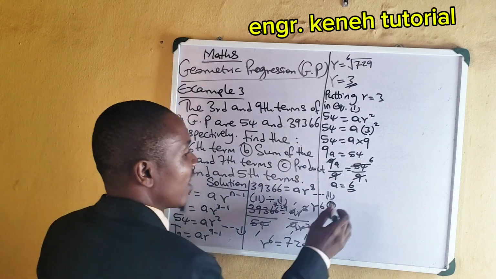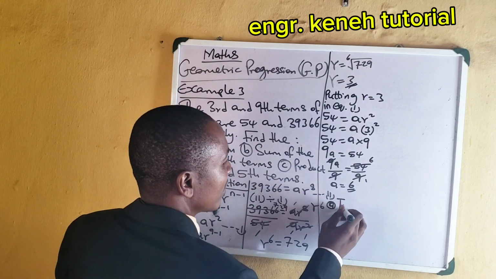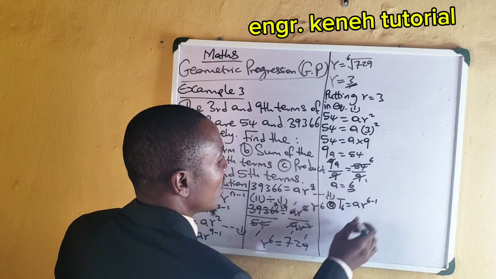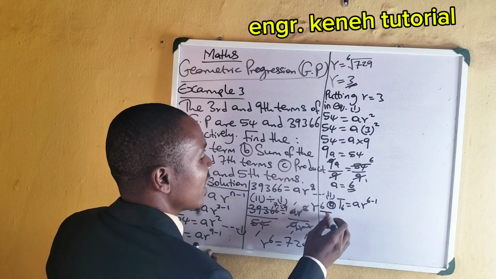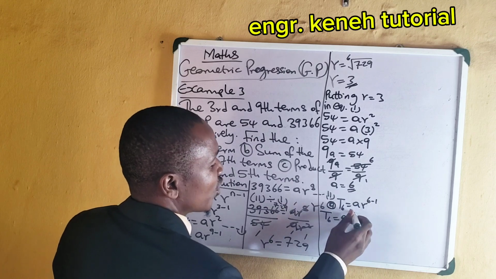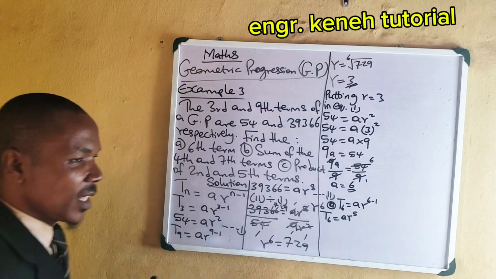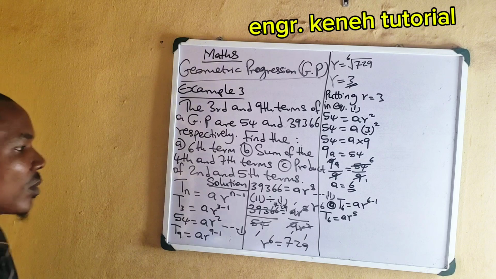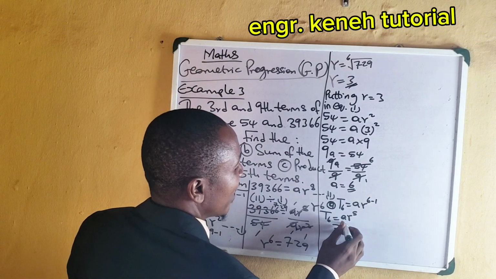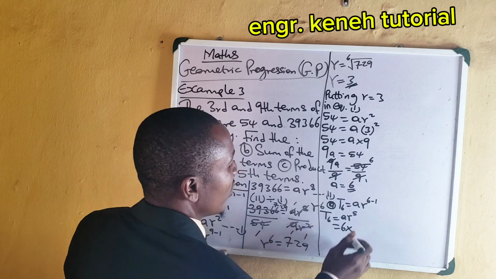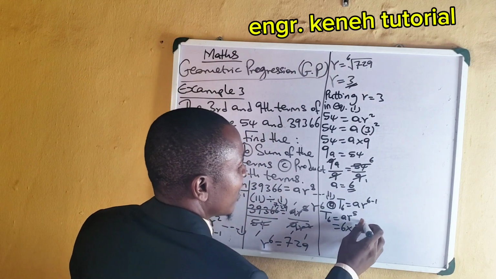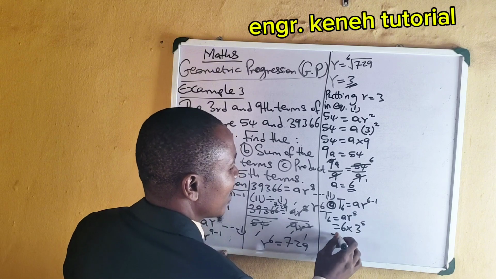The sixth term we have like this: T6 is equal to a, r, 6 minus 1. 6 minus 1 will give us 5. Now we have known the value of a, which is 6, so in place of a, I'll write 6. In place of r, we have found it to be 3. So I have 3 raised to the power 5.